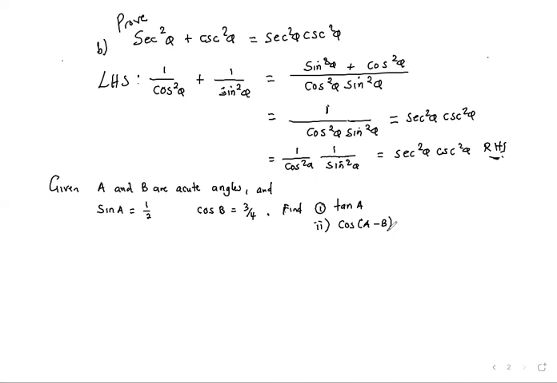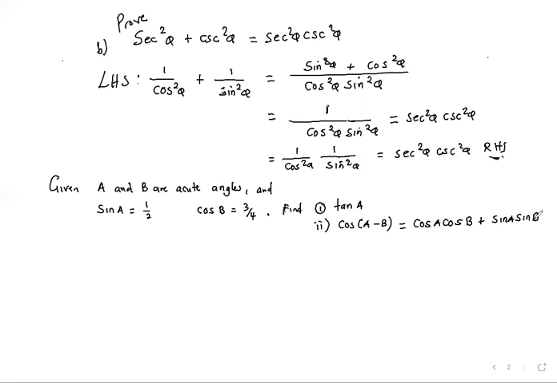So how do I find tan A when I'm given sin A and cos B? You know that when expanding this, it's cos A cos B plus sin A sin B. You see that? So we need to know what cos A is and what sin B is.